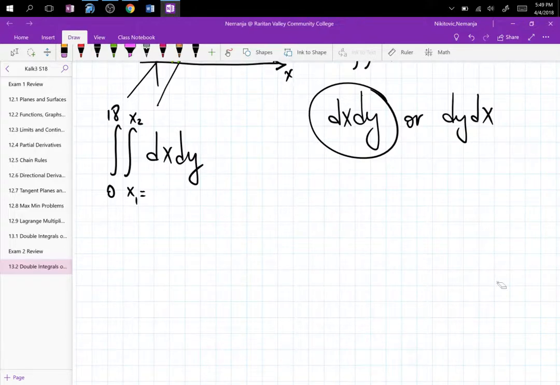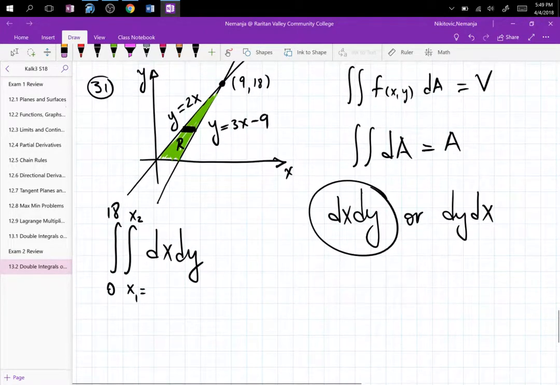So now I know that I need these two functions. I don't have them in terms of x. So what should we do? Yes. So we are going to solve these.